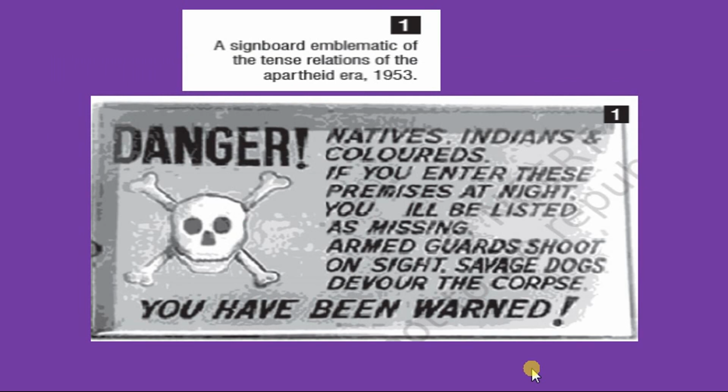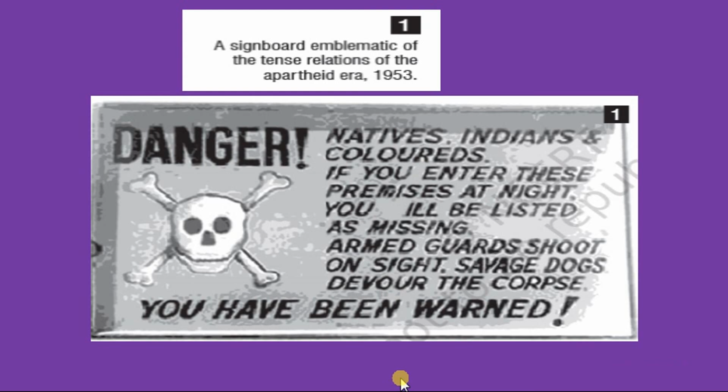A signboard. Now you see, this was a signboard which was seen in South Africa in the era of apartheid in 1953. So what does the signboard clearly say?